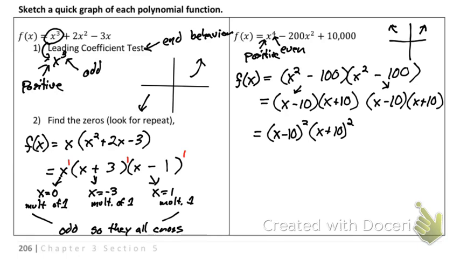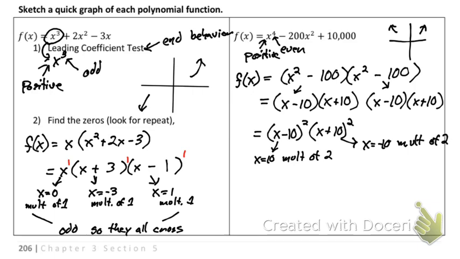Most of the time, I would just stay here. I would say, okay, 10 happens twice, that's multiplicity of 2. Negative 10 happens twice, that's multiplicity of 2. All right, well, let's write our zeros. We have x equals 10 with a multiplicity of 2, and x equals negative 10 with a multiplicity of 2.